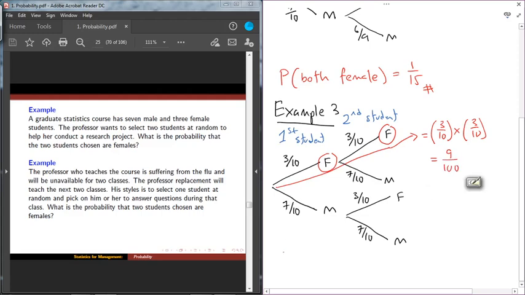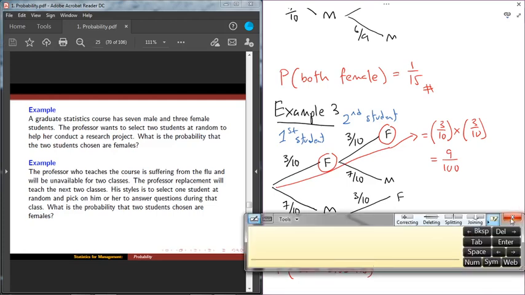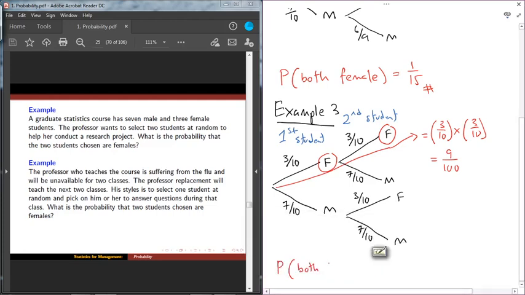So the probability that both students are female is 9/100. That's how we have to answer.